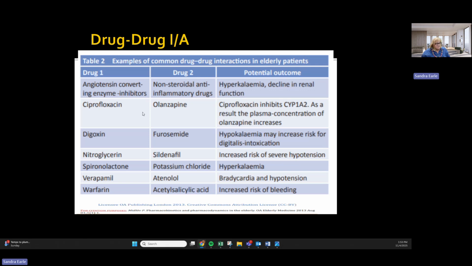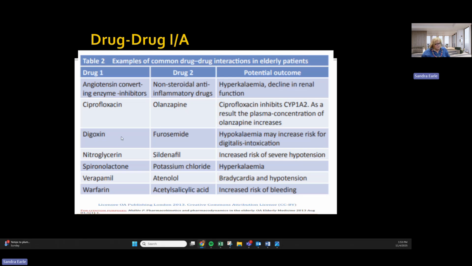Giving ciprofloxacin with olanzapine. Remember, cipro is an inhibitor of CYP1A2, which could increase the olanzapine concentrations. Again, this will be exaggerated in the elderly.